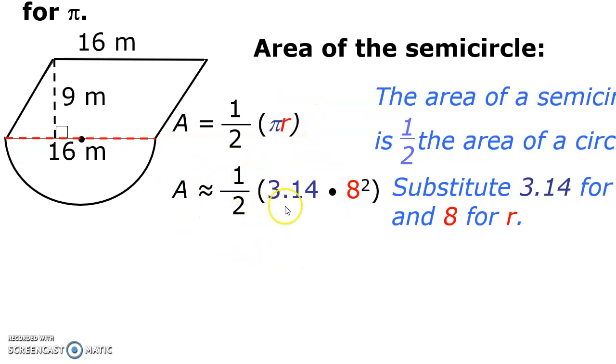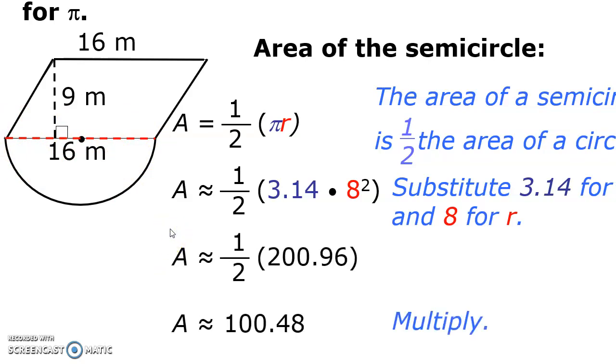So we have 1/2 times 3.14 times 8 squared. If you're confused where the 8 came from, the diameter of the circle is 16. So half of 16 is 8. That's the radius. So when we do our calculations, we end up getting 100.48 for our semicircle.